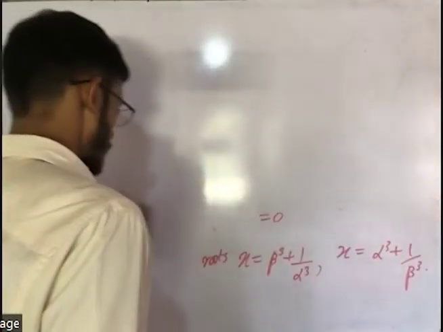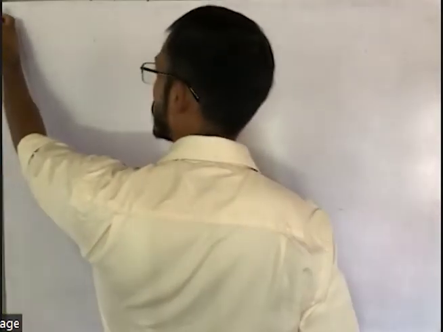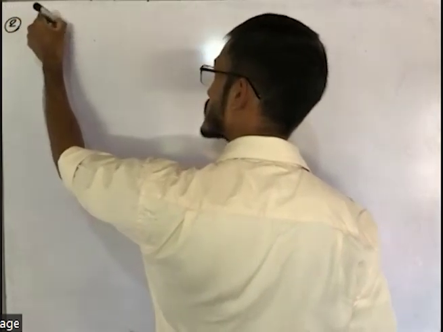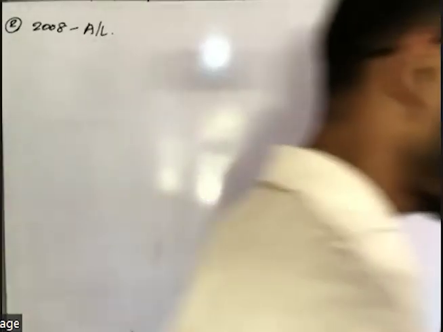So let's do another question. Write down the next one. Next question, 2008 A-level. Let's do the 2008 A-level question. Right. So this question is also similar to the 2007 question.